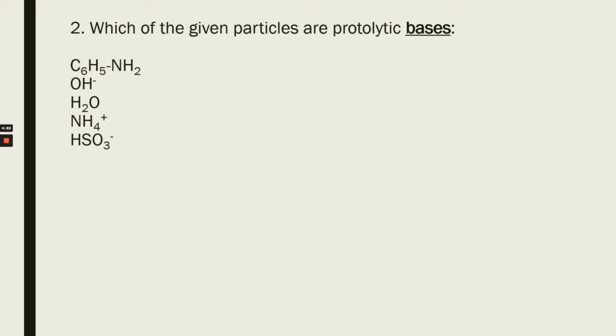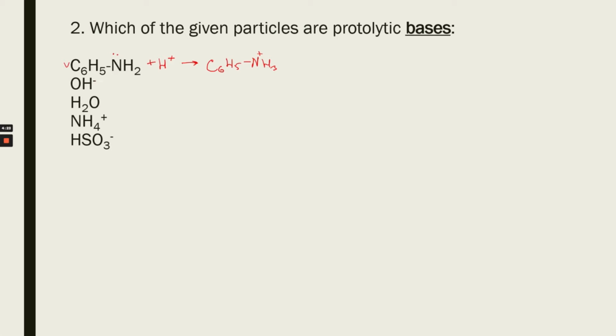I just told you about organic compounds containing nitrogen, that there is an electronic pair, and this type of compound can be a proton acceptor, so I write here plus H plus, and the result is C6H5NH3 plus. So it is a protolytic base.